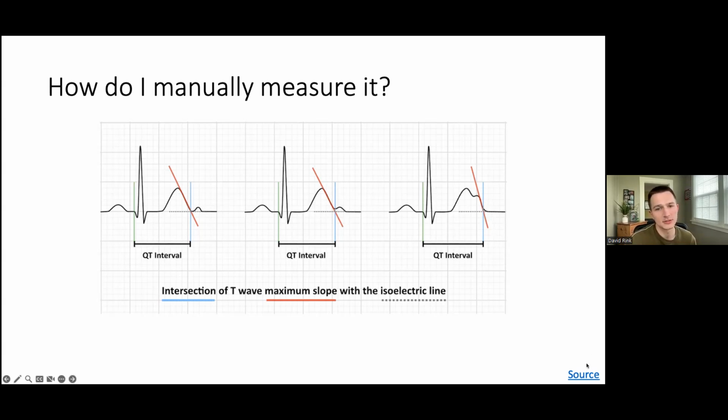And this is considered to be the best approach for calculating this. And this is particularly relevant in cases where you have these sort of long, broad T waves. And then you should be using the preceding RR interval when you're making the calculation.